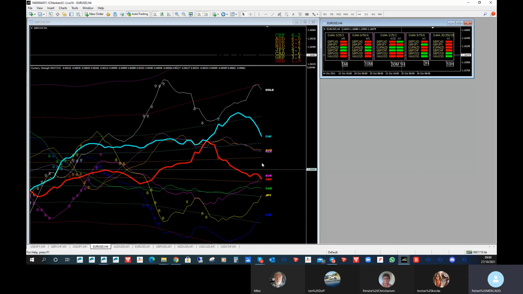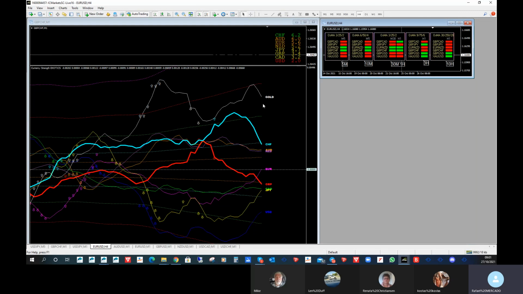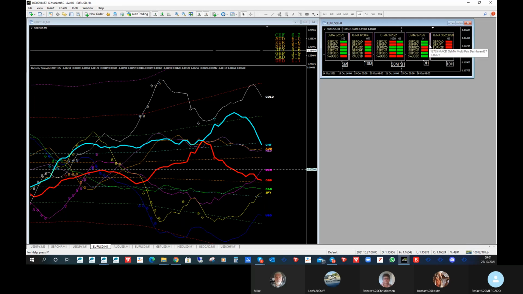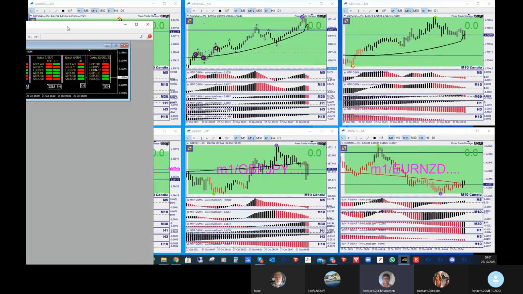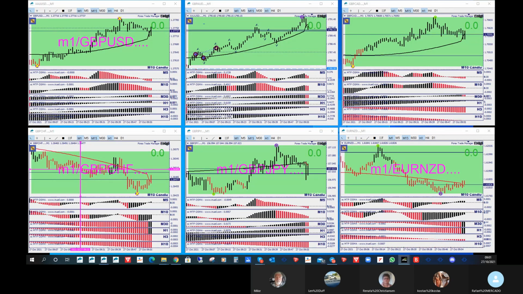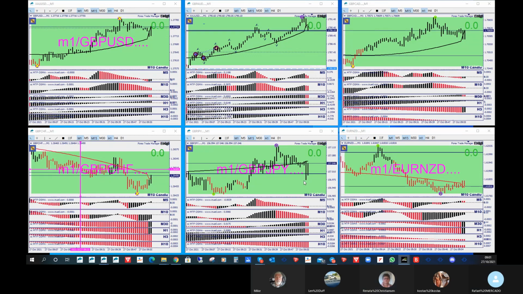You see spiking down, gold spiking down. Okay, maybe pound yen can give us that there, 1, 2, 3.